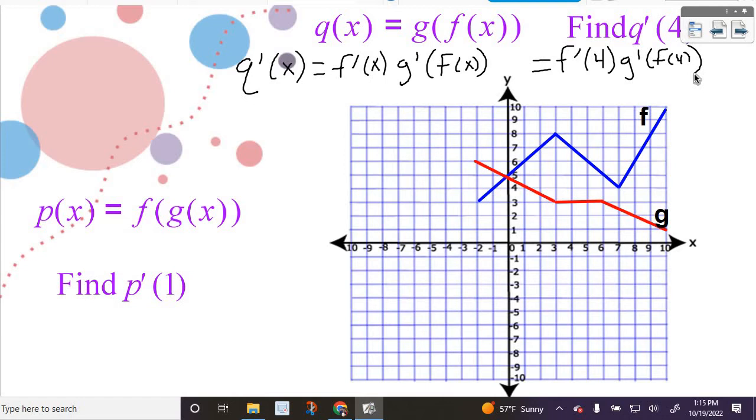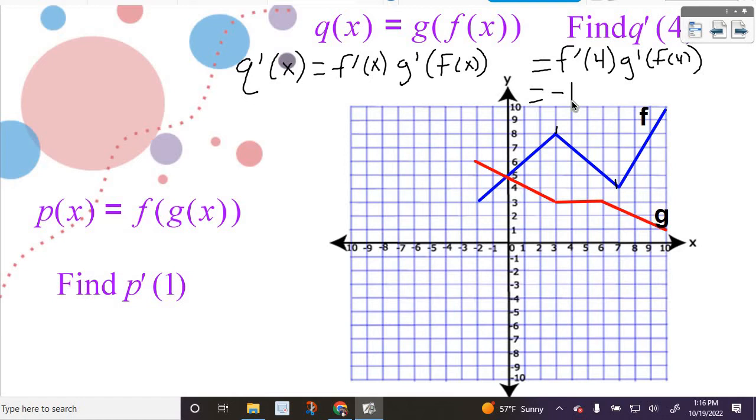So I'm going to go to 4, look at my blue graph, and I want to look at what is the slope of that portion of my graph. -1. Are we all with me on how I got that? I am looking at the slope of my blue graph at 4, and my slope there is -1. Slope of the tangent line at 4.